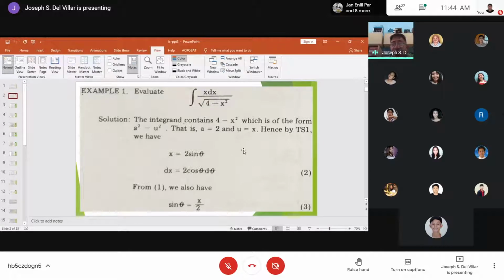So ano yung nasa numerator? X. Di ba? So, yung opposite side mo is x. And yung hypotenuse mo is 2. So, gawan mo siya ng right triangle.